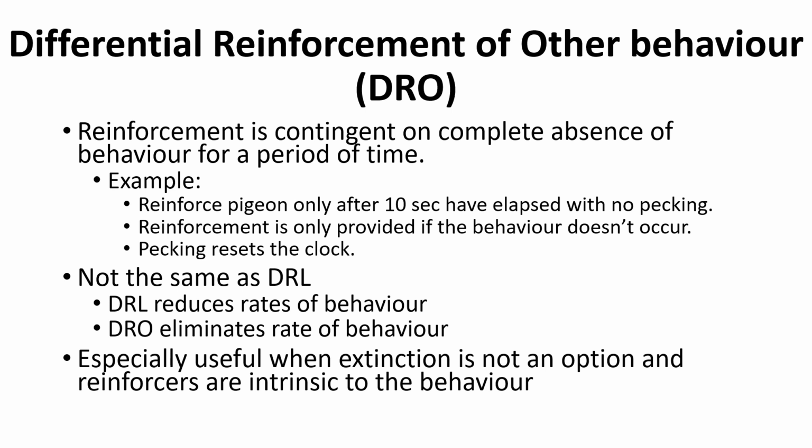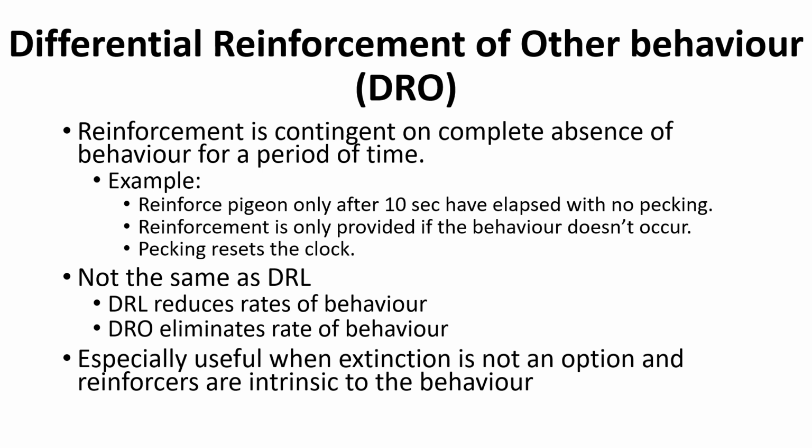But if the child stopped sucking their thumb, if they stopped doing the target or bad behavior, then they would resume reading the story. So the child was receiving reinforcement for doing anything other than the one behavior that we're trying to avoid. The child could do anything else except sucking their thumb, and the parent would continue reading the story.